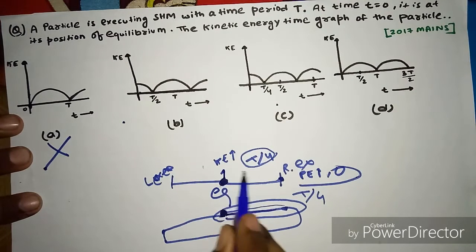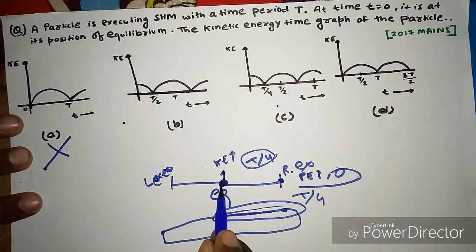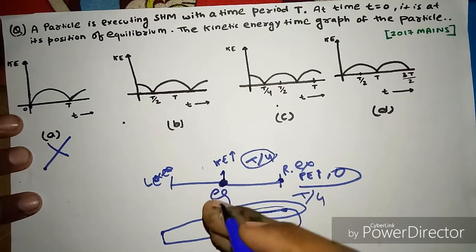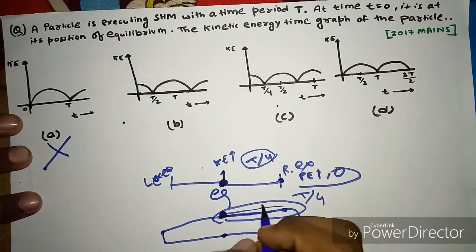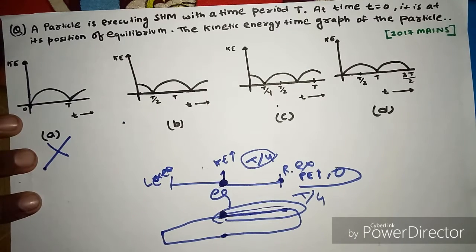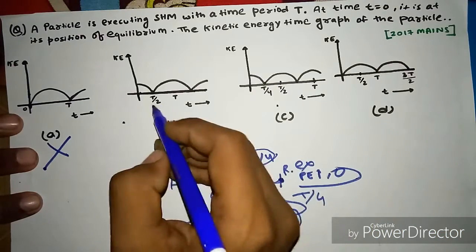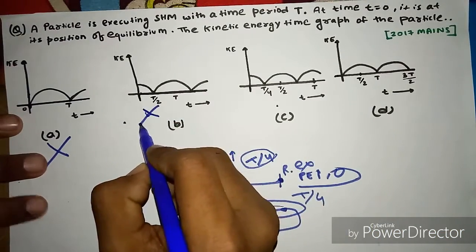It reaches the equilibrium position again, so it will have maximum kinetic energy again. So this graph also does not satisfy it.